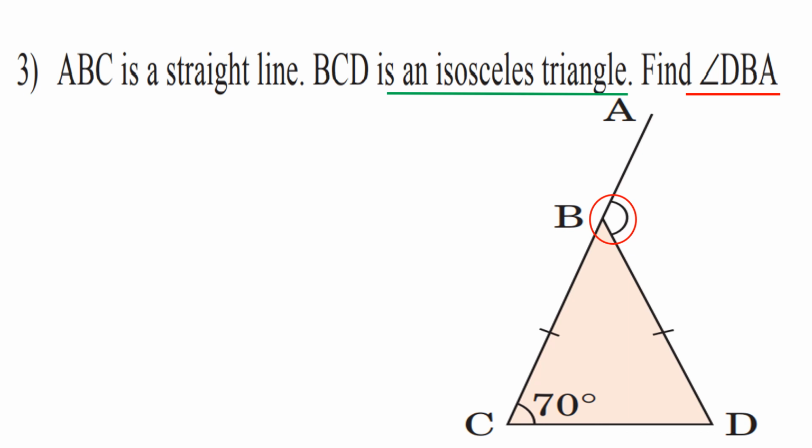To solve this angle, it's like the sum of two opposite interior angles. If we know here angle C is 70, because this is an isosceles triangle, this angle D here is also 70.